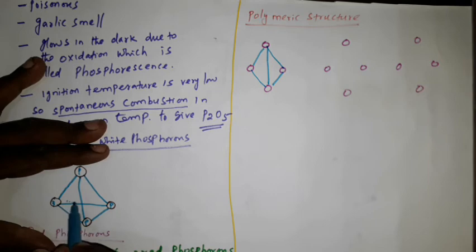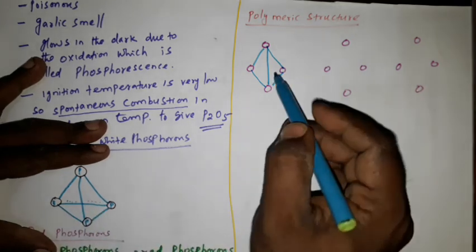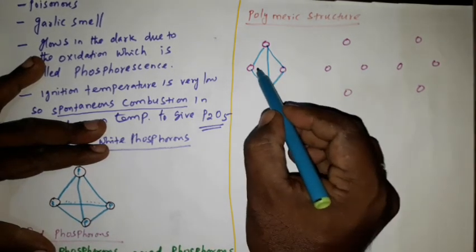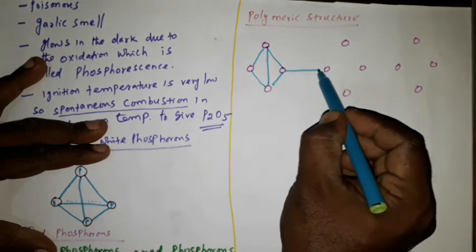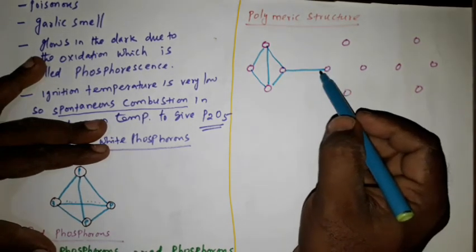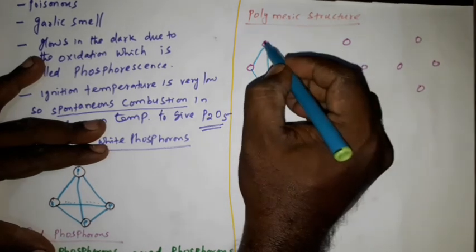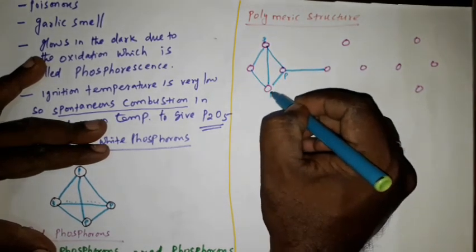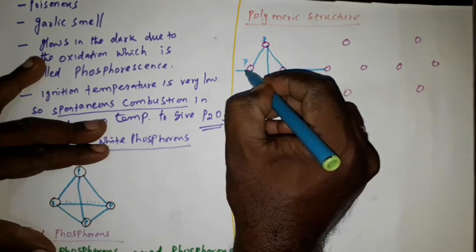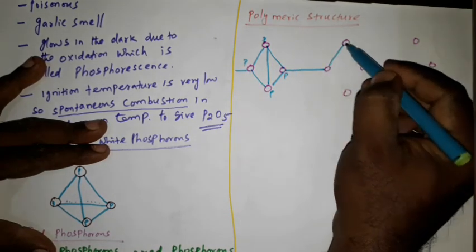Okay, this bond will be broken, then it will form a chain. So this bond will make a bond with another structure. So these are all phosphorus, phosphorus, phosphorus, phosphorus, then here one chain, okay, then here.